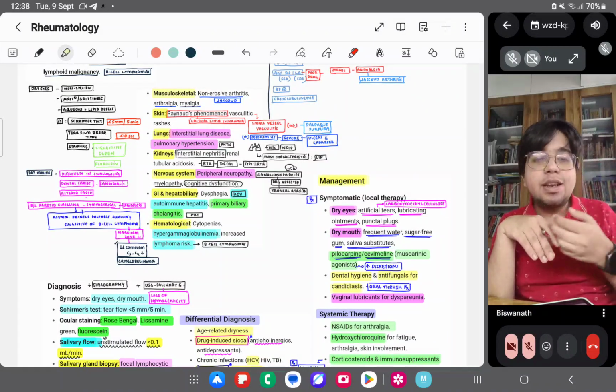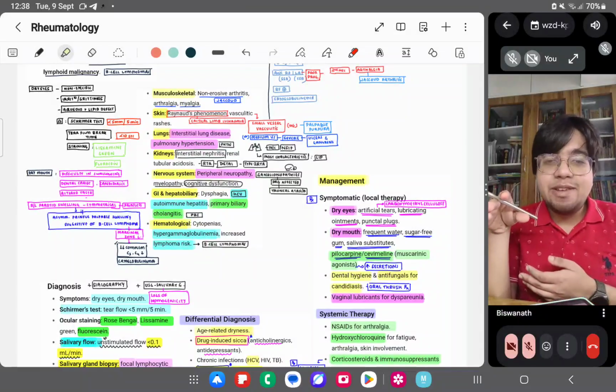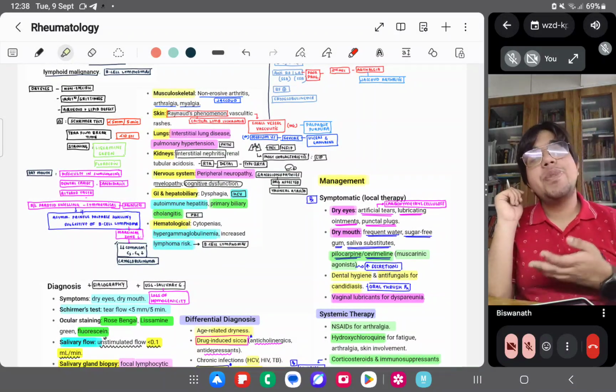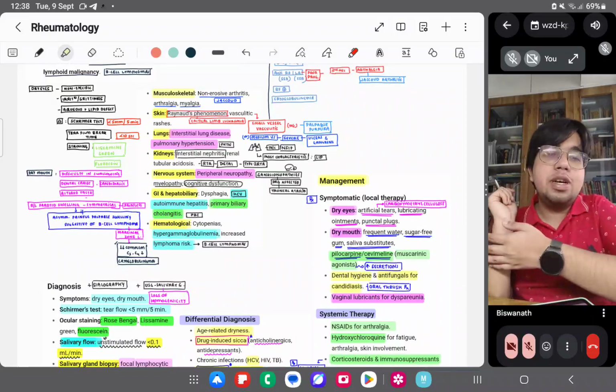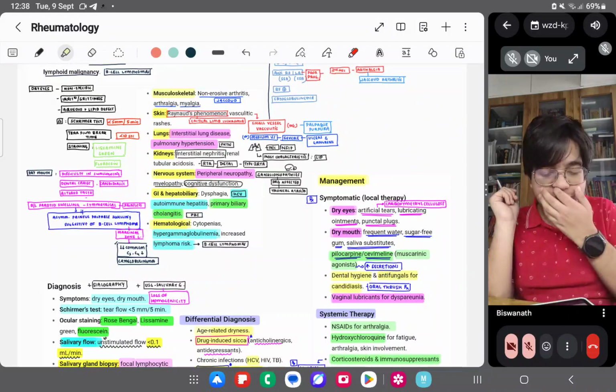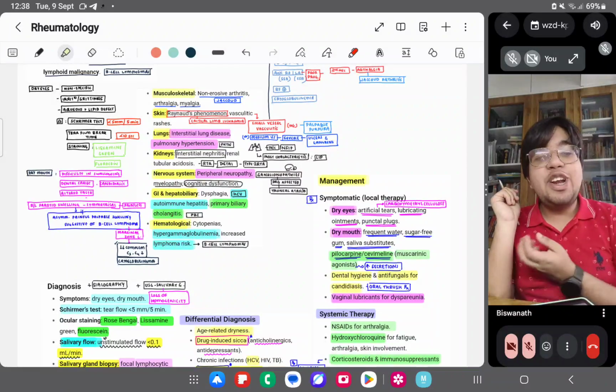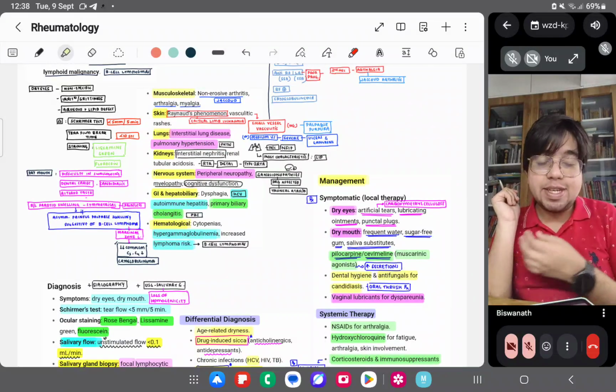Then CNS, lungs, kidneys, in which organ is it not manifesting? In skin we saw there is palpable purpura, and with palpable purpura the diagnosis changes toward B cell lymphoma. Hematological cytopenias, they present with cytopenias, they present with lymphomas.